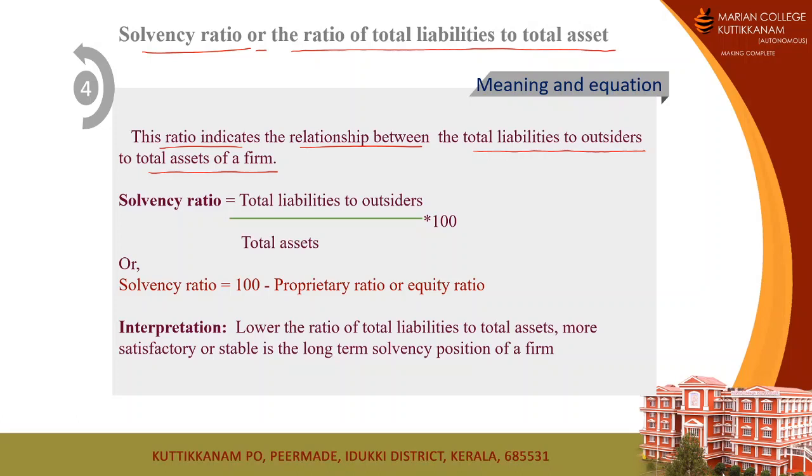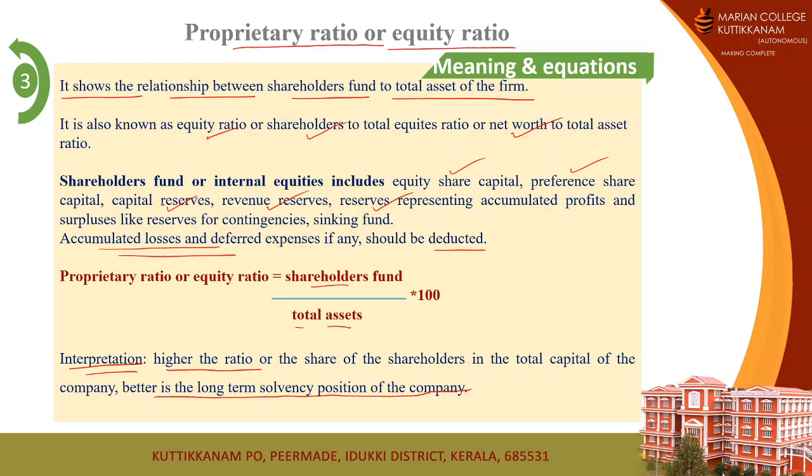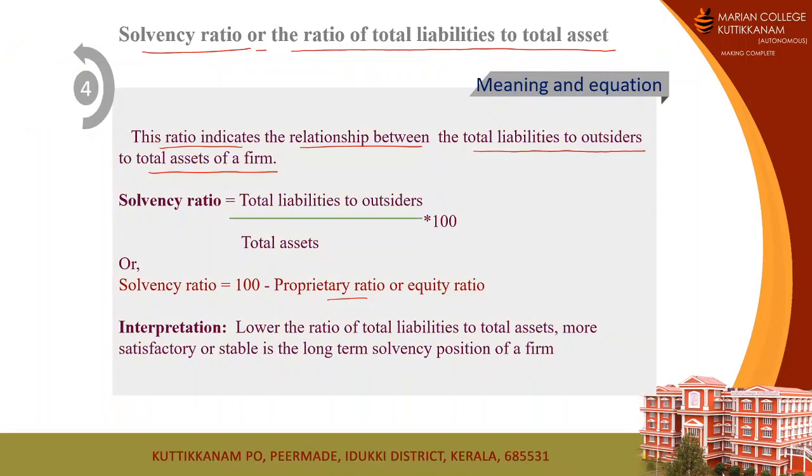Or if we have already calculated the proprietary ratio, which we have seen just before, then it is very easy to calculate the solvency ratio because you just need to deduct this percentage from 100.